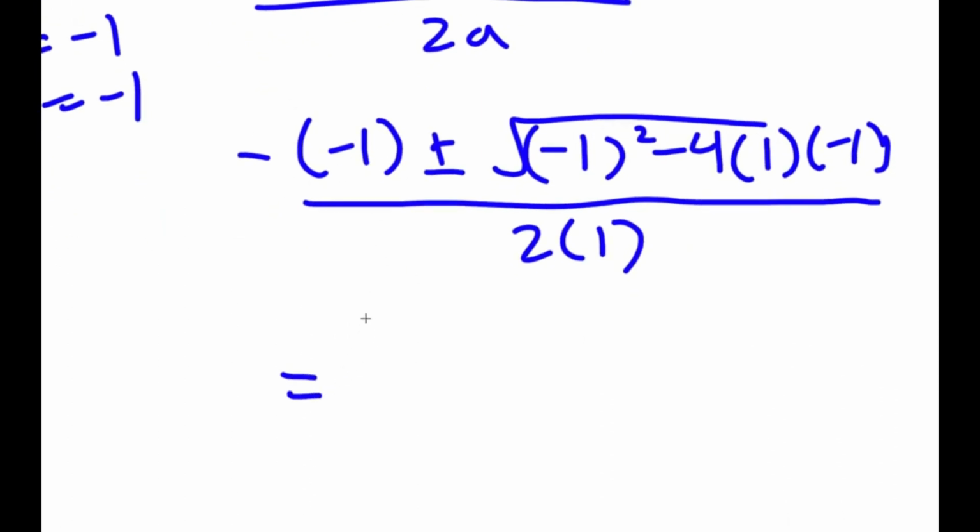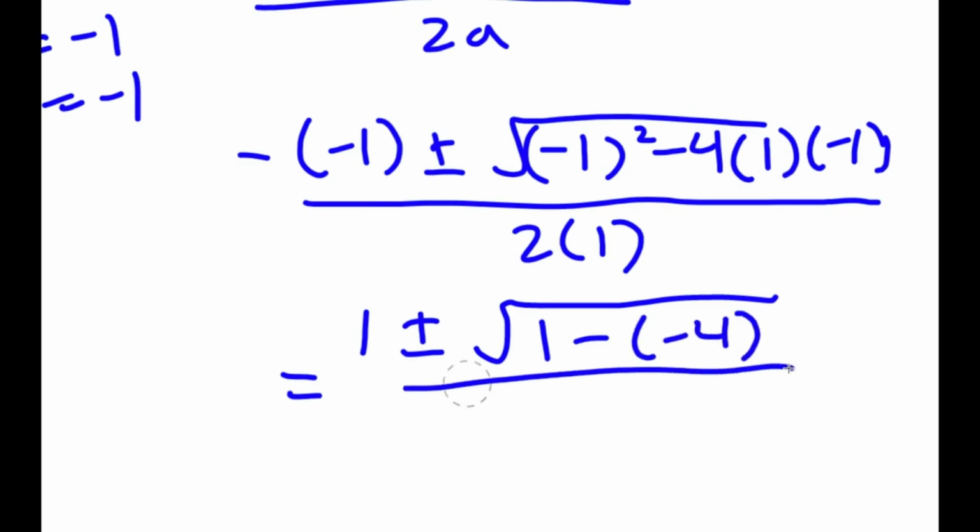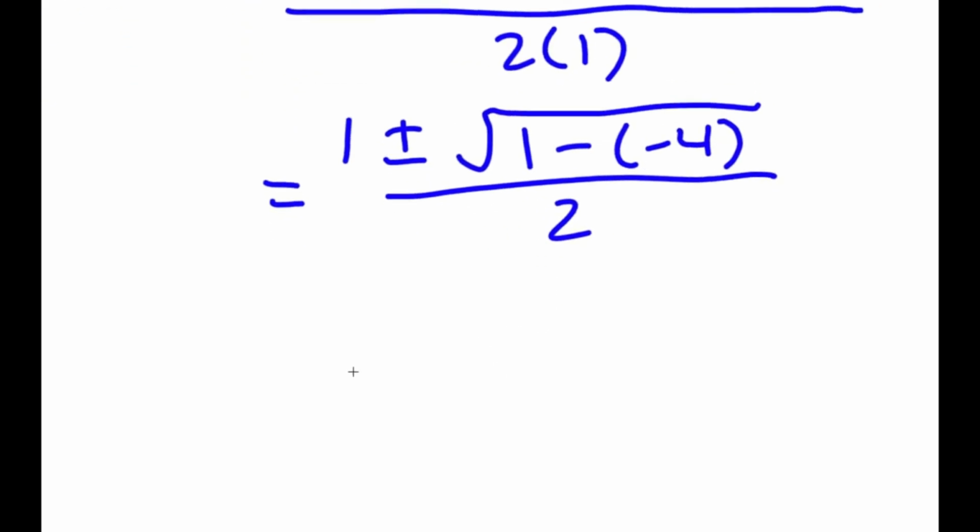Now, negative of negative 1 is positive 1. So I have positive 1 plus or minus the square root of negative 1 squared is 1 minus 4 times 1 times negative 1, which is negative 4, divided by 2 times 1, which is 2.